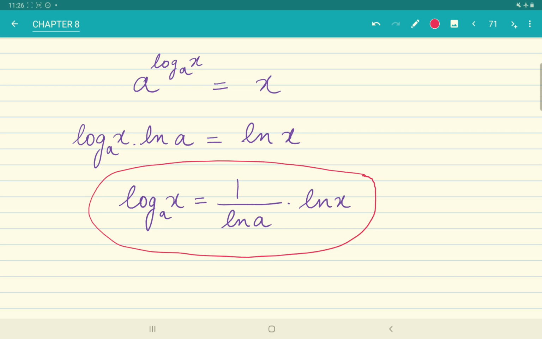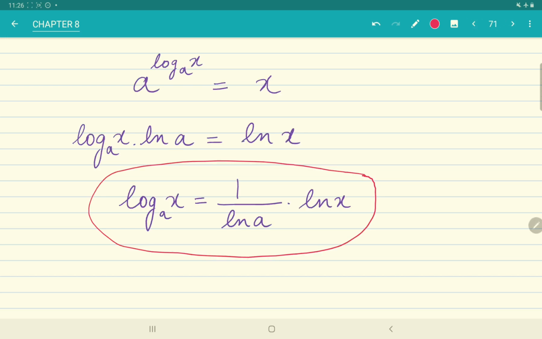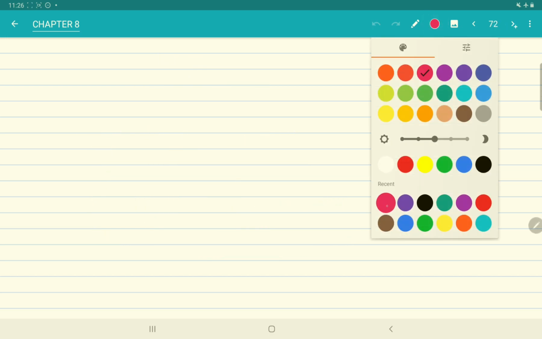We have to note that this actually means that whatever rules were followed by ln, the same rules would be followed by log to the base a. So let's understand those rules.